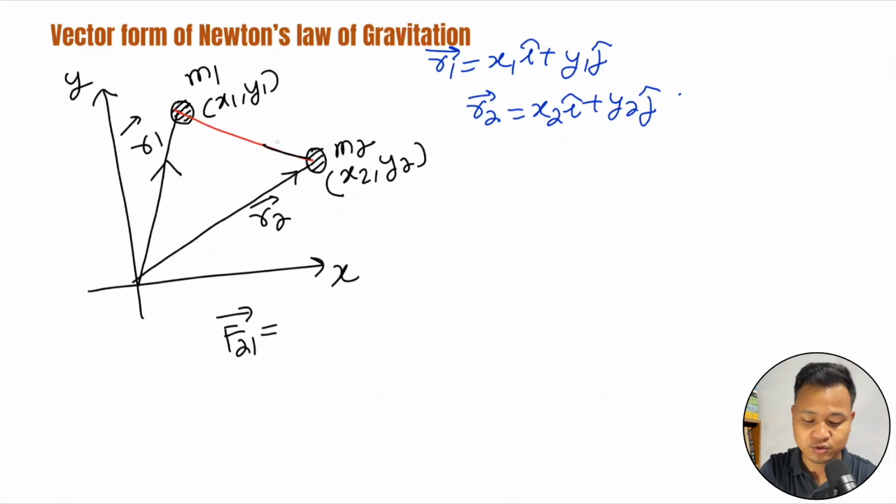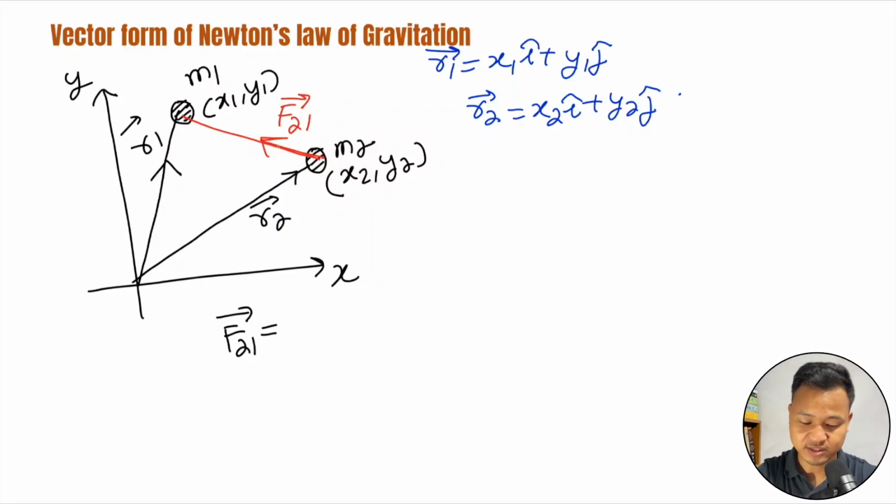So this is the force on 2 due to 1. The force experienced by 2 due to 1 will be along this side. If you are m2, you will feel that m1 is pulling you in this direction.